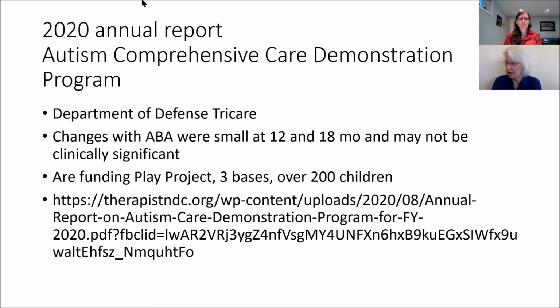I didn't have the number right here, but a huge number of children across the country are receiving ABA through TRICARE. And the Department of Defense really tracks outcomes. They have been quite concerned that children receiving ABA have had very little progress at 12 months and 18 months. And in fact, their term is it may not be clinically significant.